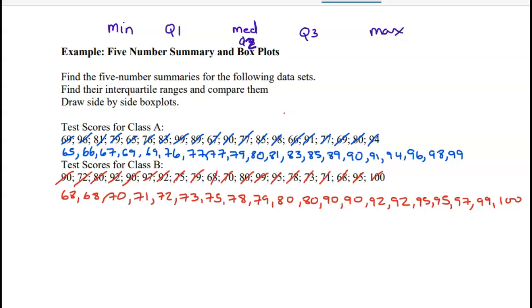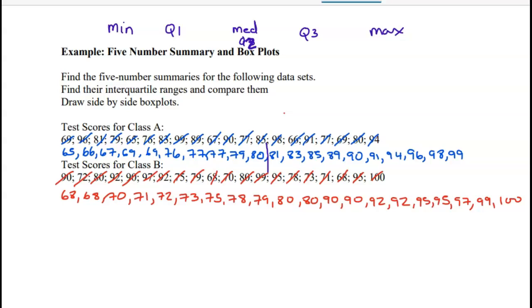All right, so to find the median, we cut this in half. I have 20 in total, so the median is going to be between the 10th and 11th place. So 1, 2, 3, 4, 5, 6, 7, 8, 9, 10. So 10 lower and 10 upper.